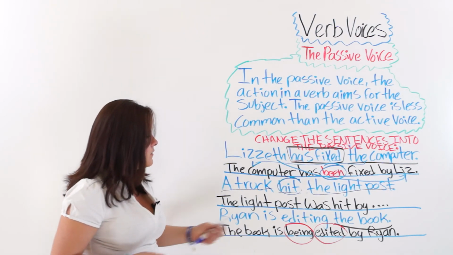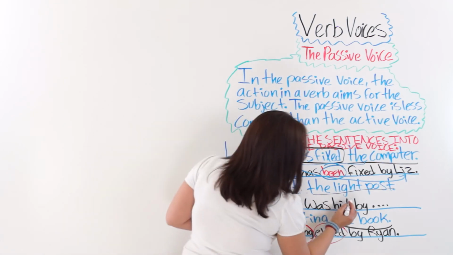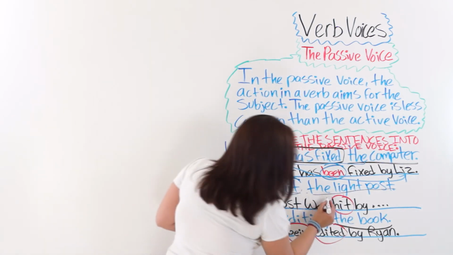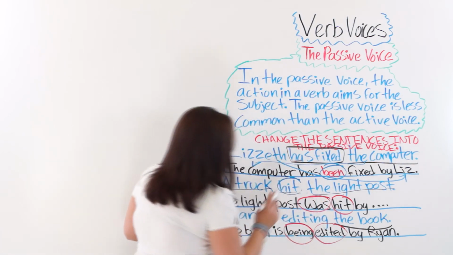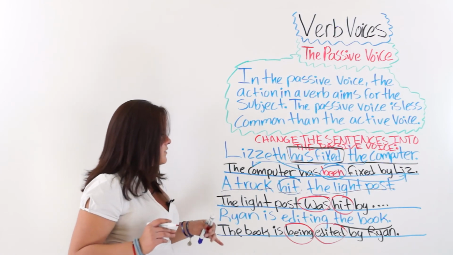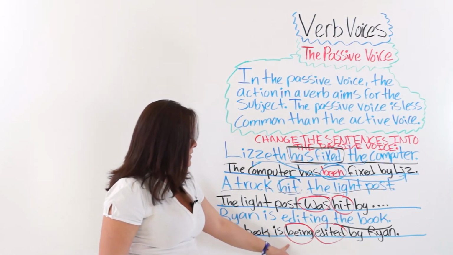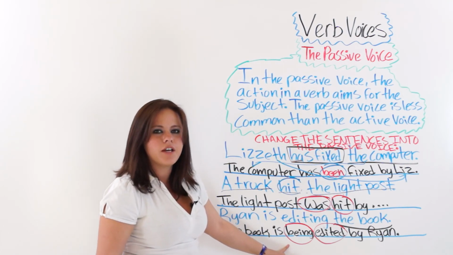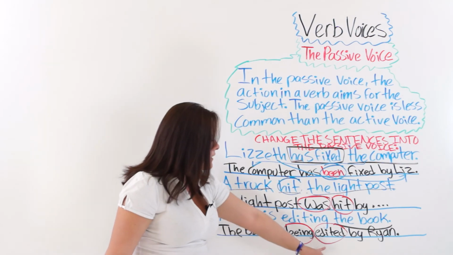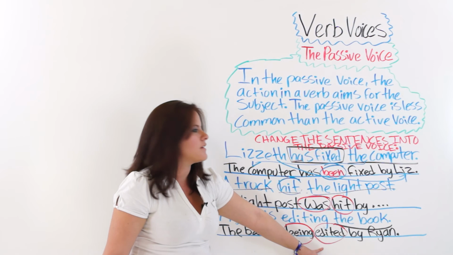As you notice here, the past and past participle of hit is hit. Okay? And we used an auxiliary to tell you that it is past. The light post was hit by a truck. Okay? And right here, we use being as an auxiliary to let you know that it is the present progressive. But the verb will always be in past participle because this is a passive voice.